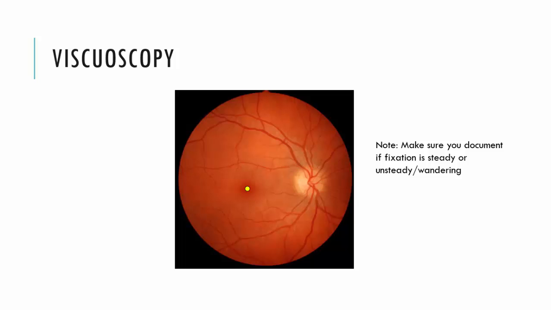So if you see very little movement and the graticule just sits there, so here we have a patient who's got temporal and superior eccentric fixation. If it just sits there and you're asking the patient to just keep looking steadily at the centre and it just sits there, then we've got steady eccentric fixation.